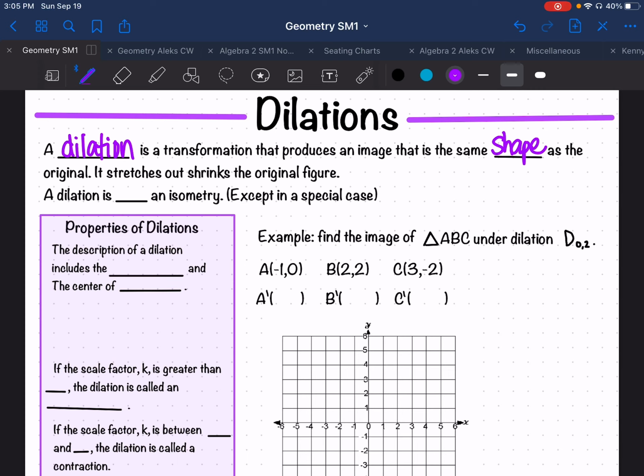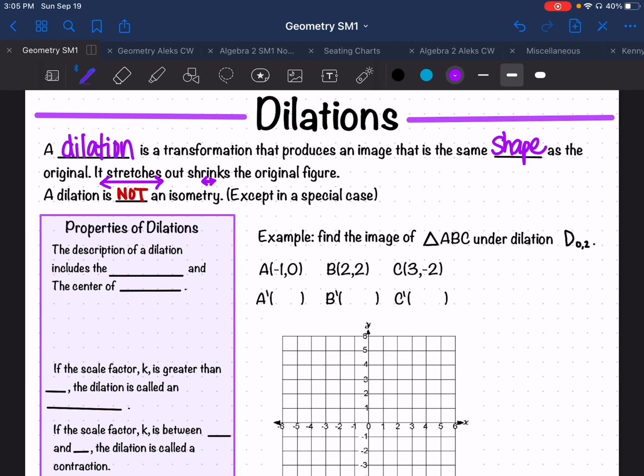It stretches out or it shrinks the original figure. A dilation is not an isometry, except in special occasions. All right.